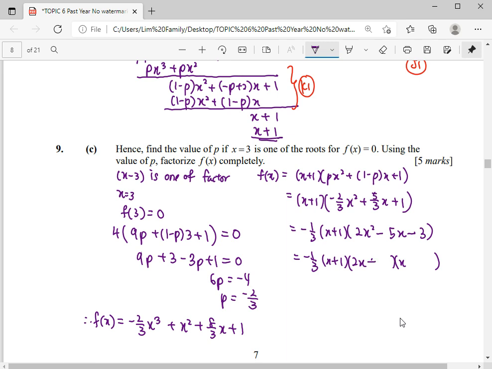This is 2x plus 1. This is x minus 3. Then we go back to the quadratic: 1 times negative 3, yes. Then negative 6 plus 5, yes. So this is our form of factorizing completely.